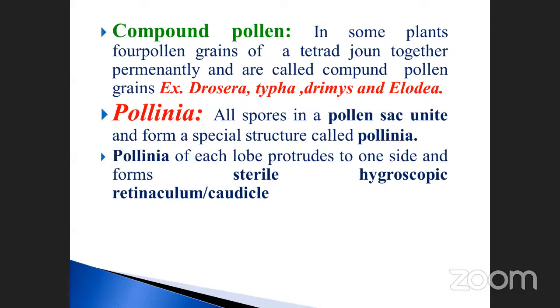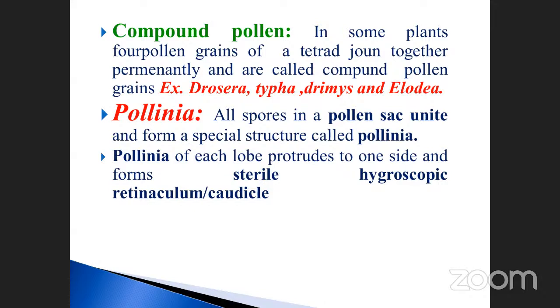Pollinia means the pollen sacs are united together and form a special structure called pollinia. The pollinia of each lobe protrudes to one side and forms a sterile hygroscopic retinaculum, otherwise called caudicle. This is very, very important.